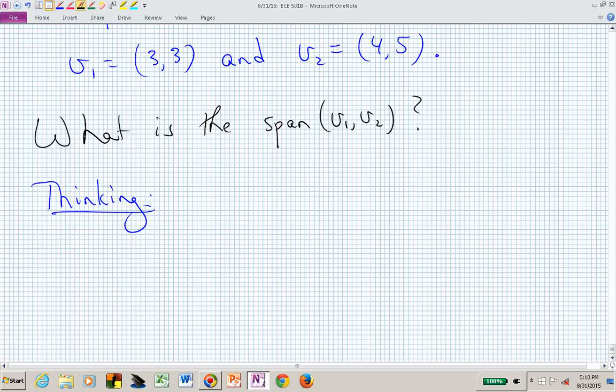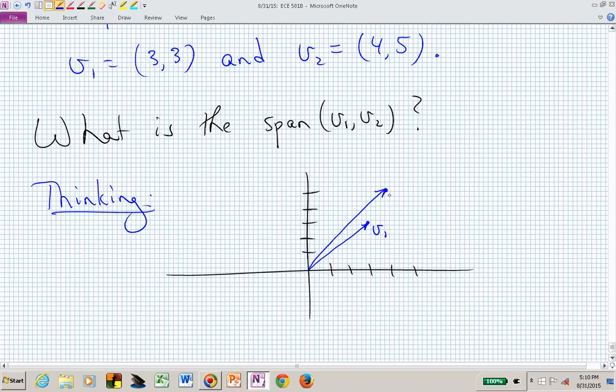If you were to simply look at this, and hopefully my sketch is somewhat to scale, I'm going 3, 3. There's this vector v1, and v sub 2 is over in the x direction 4 and up 5 in the y direction.